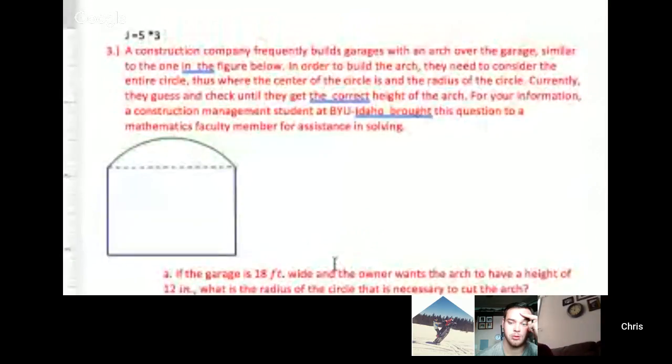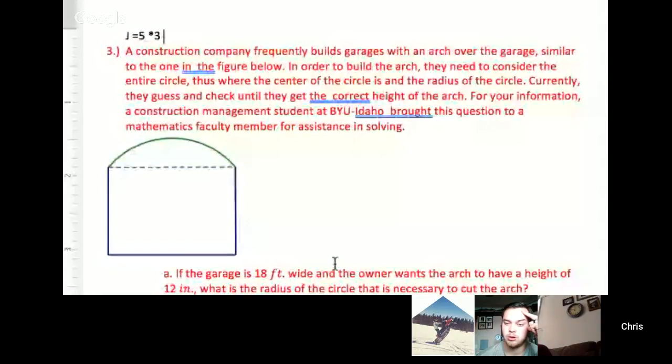A construction company frequently builds garages with an arc over the garage, similar to the one in the figure below. In order to build each arc, they need to consider the entire circle, thus where the center of the circle is and the radius of the circle.